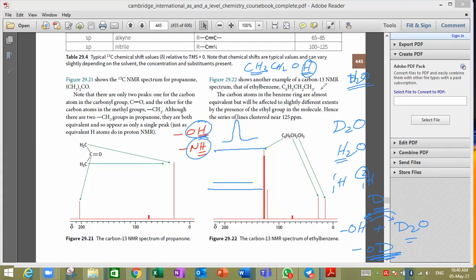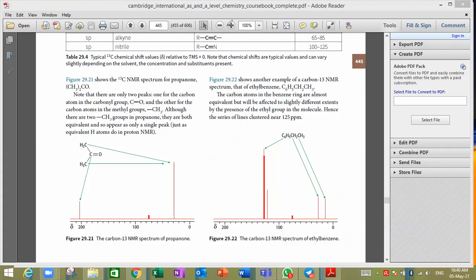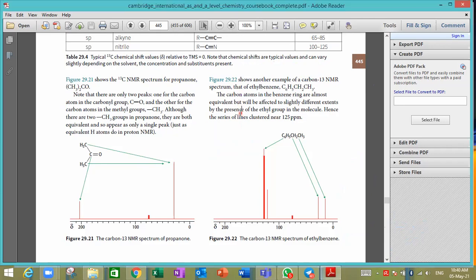And Miss, if you want to draw the graph, how would you put the 4 and the 3 and the single peak? You mean the NMR spectrum? Yes, how do you show splitting?